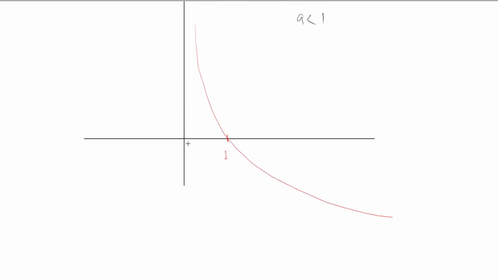If a is less than 1, your graph will change into this shape. This is the point which is 1. Here x is less than 1, and here x is greater than 1.